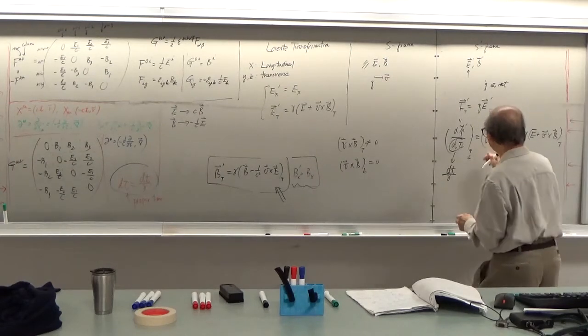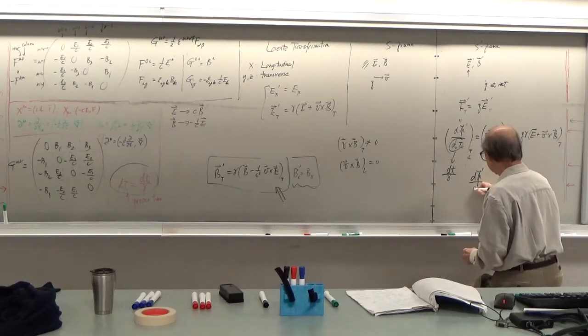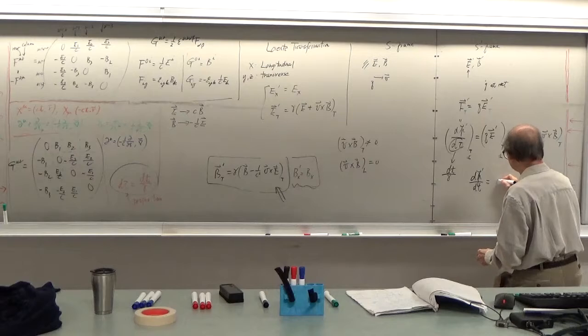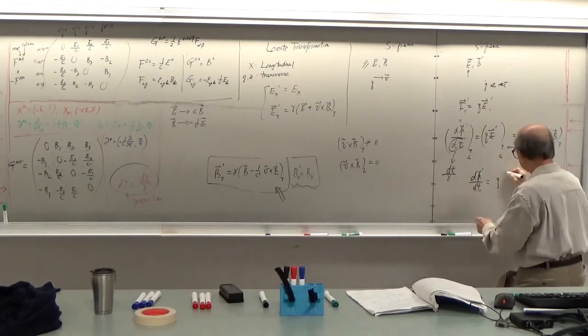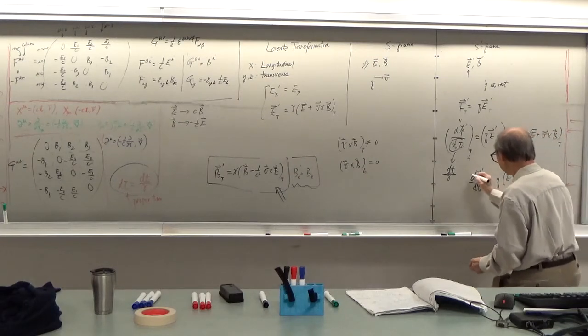So we are left with dP prime by dt equal to Q gamma scales out, E plus V cross B, transverse part.